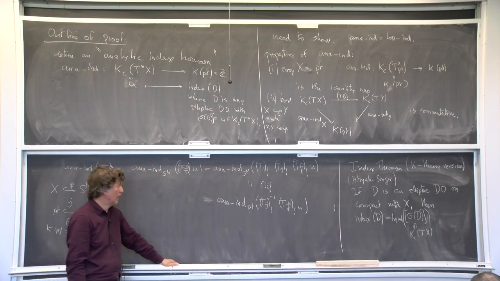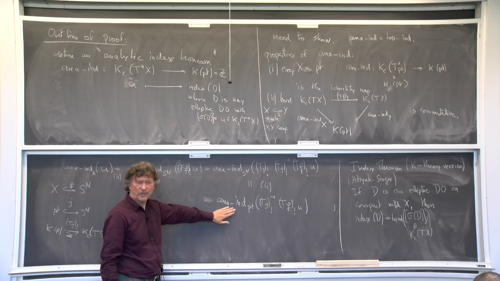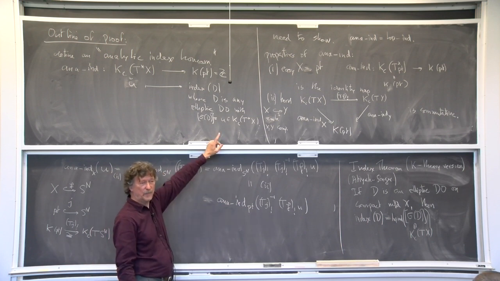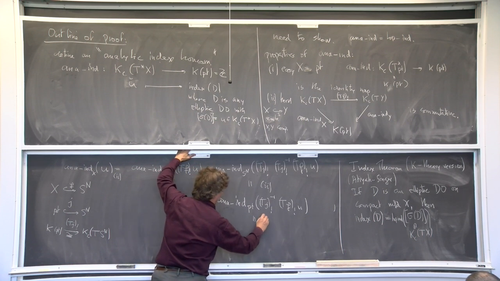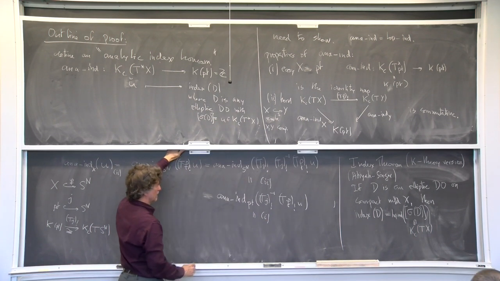Just formal. But the analytic index for a point is supposed to be the identity by property 1, so this doesn't do anything.